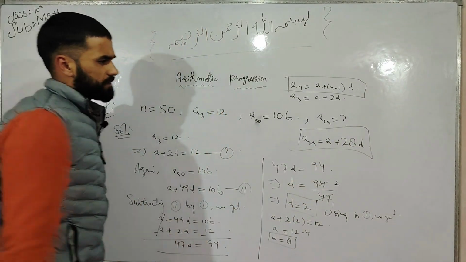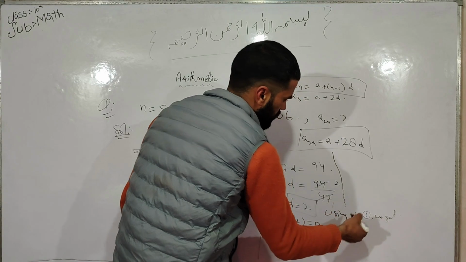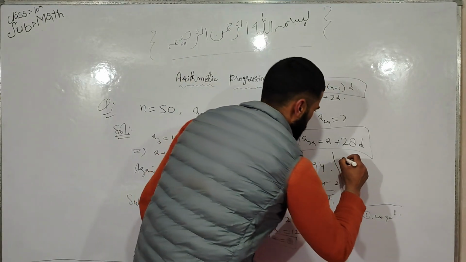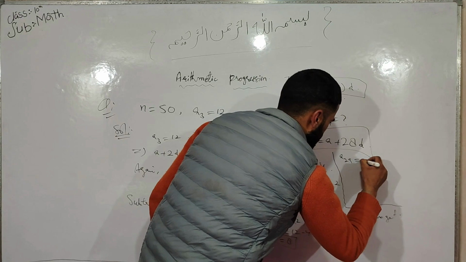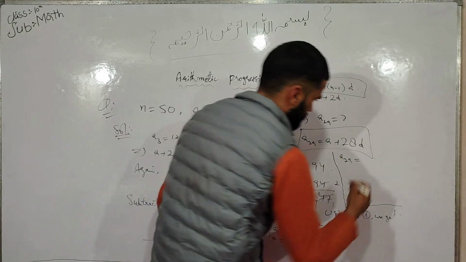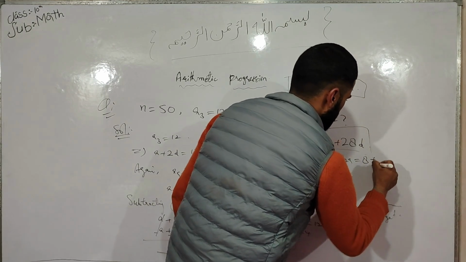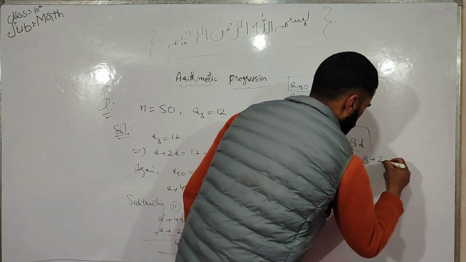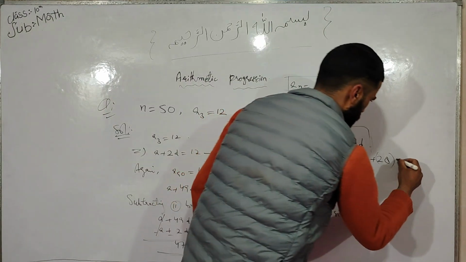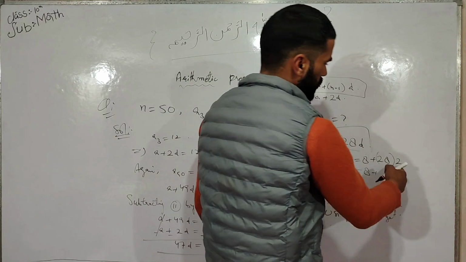So A29 will be, let me write this here, you know where to note it from, I don't need to teach you. So A29 is equal to a plus 28 into d, but a, what is a? A is here 8. So this is 8 plus 28 multiplied by d. What is d? D is 2. Now this is 8 plus, what is 28 into 2?